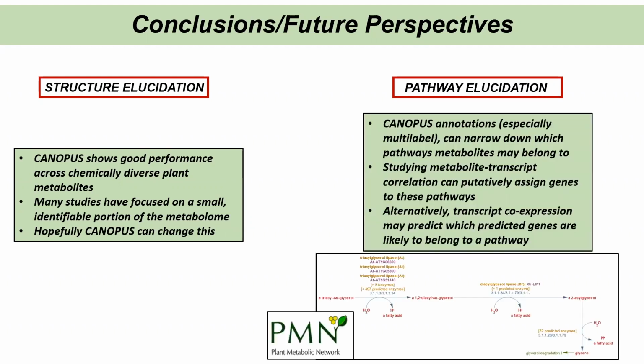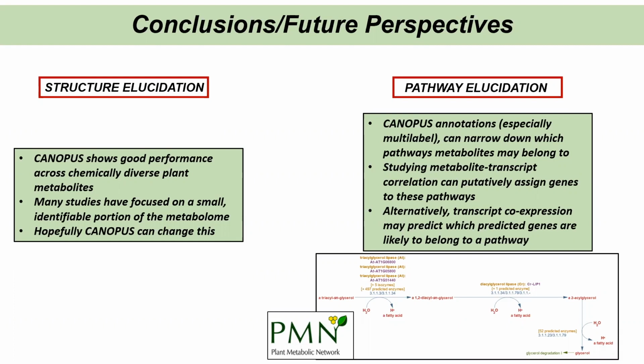And for pathway elucidation, CANOPUS is also helpful. Its annotations can narrow down which pathways metabolites can belong to, instead of having no information on what the metabolite is and what sort of metabolism or routes of metabolism it's involved in. Now we can get general information about that. And then, as we did, studying metabolite co-accumulation can putatively assign genes to these pathways.